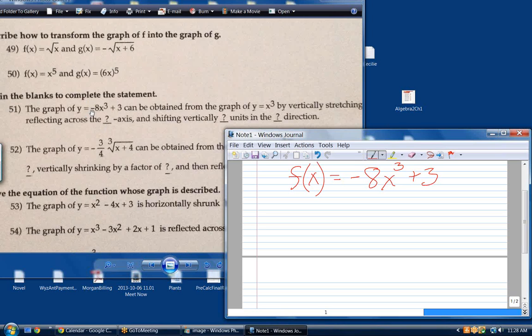It's not inside the function. It's out front of the function. So it means whatever this number would be, we're going to make it negative instead. So it's a vertical reflection across the x-axis, and notice they did that first. And then after the reflection, we're going to shift it vertically by how many units and in which direction?